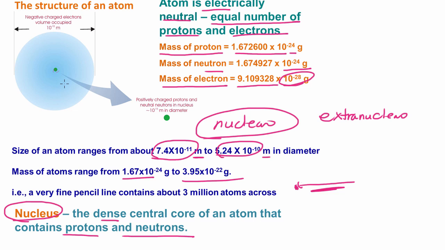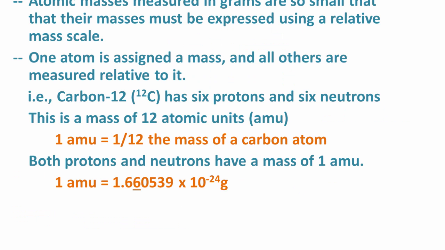So we see that the nucleus is very small compared to the extranuclear region. So what we have is positively charged protons and neutral neutrons in the nucleus. Again, it's the nucleus that contains most of the mass of the atom.